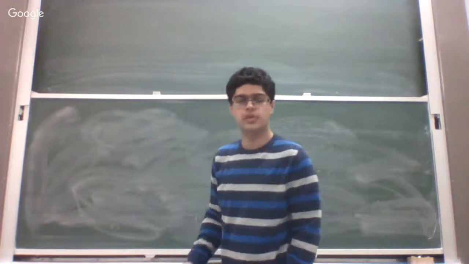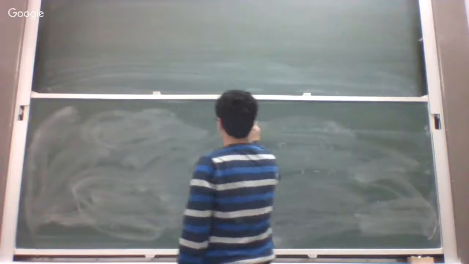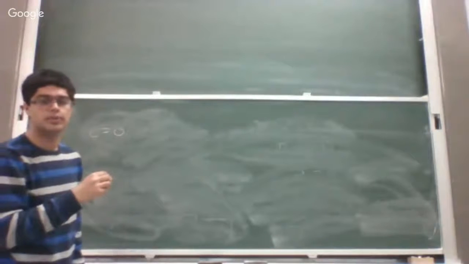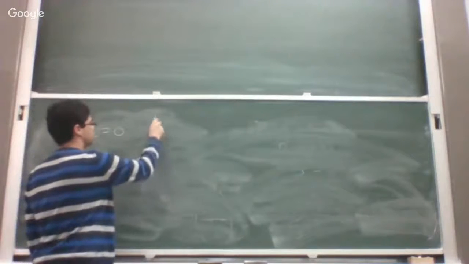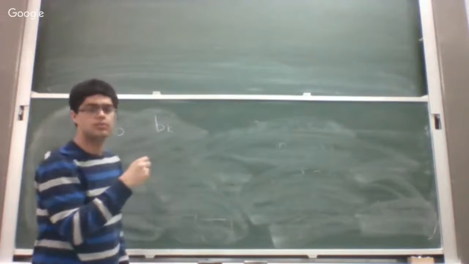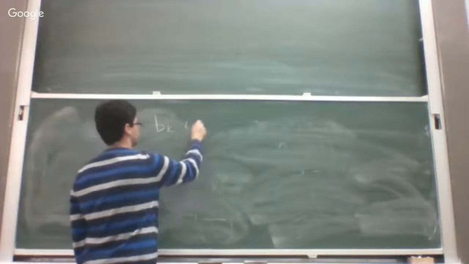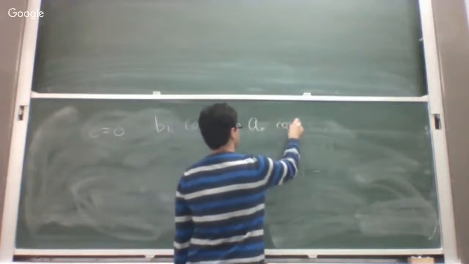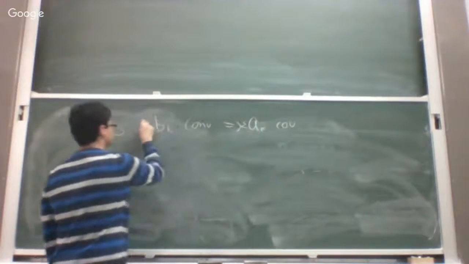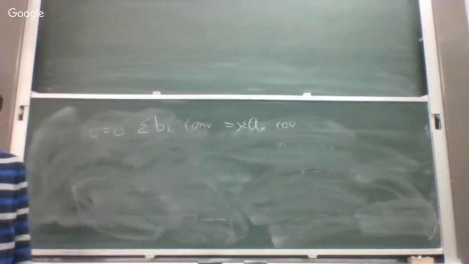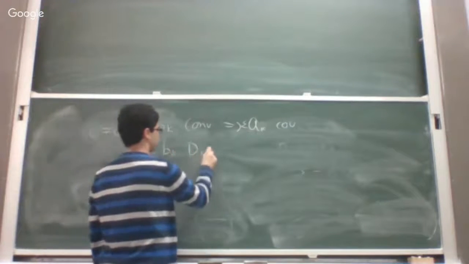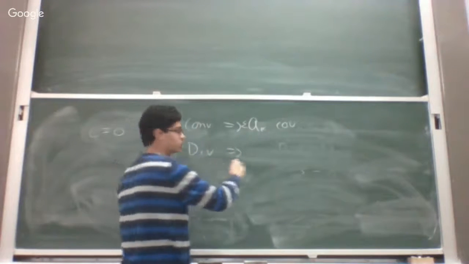It was if C is equal to 0 and b sub k converges, therefore a sub k converges. And if b sub k diverges, the test fails.